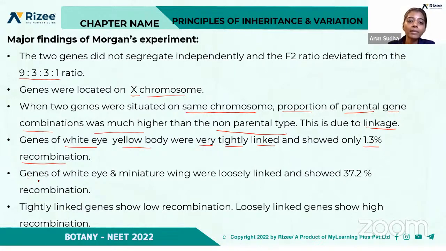But the genes of white eye and miniature wing are loosely linked. There is not much linkage and they show 37.2% recombination. So this is the conclusion: tightly linked genes show low recombination and loosely linked genes show high recombination. So this was explained by Morgan's experiment.